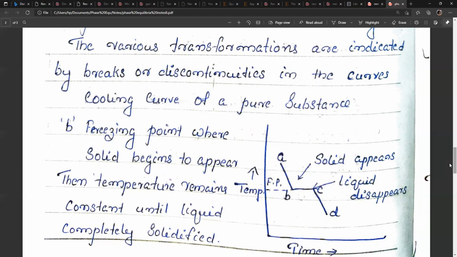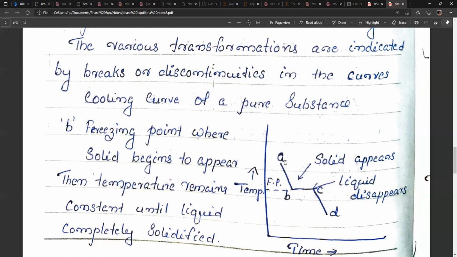After that, if we keep cooling the pure substance, we will get a constant temperature. The temperature remains constant until the liquid is completely solidified. Then only the temperature drops. That is shown by this curve.